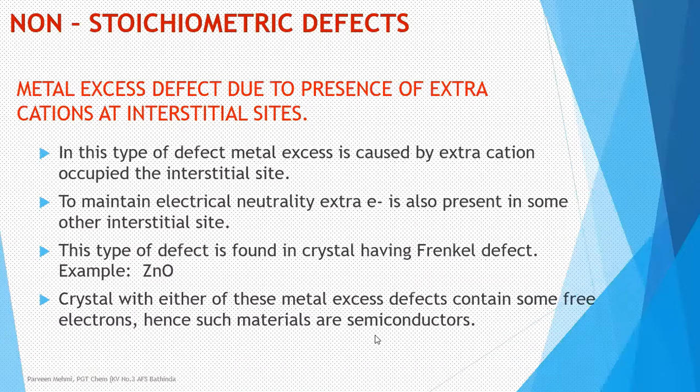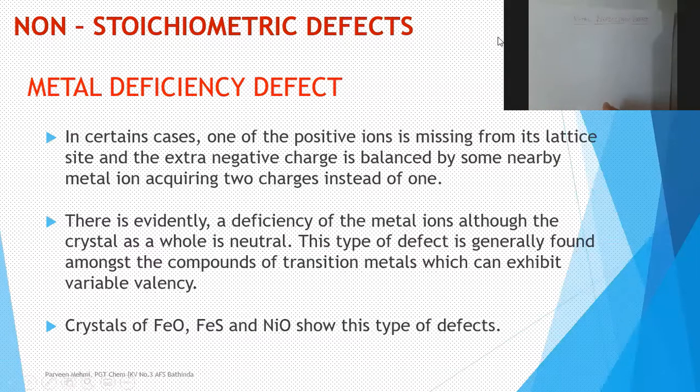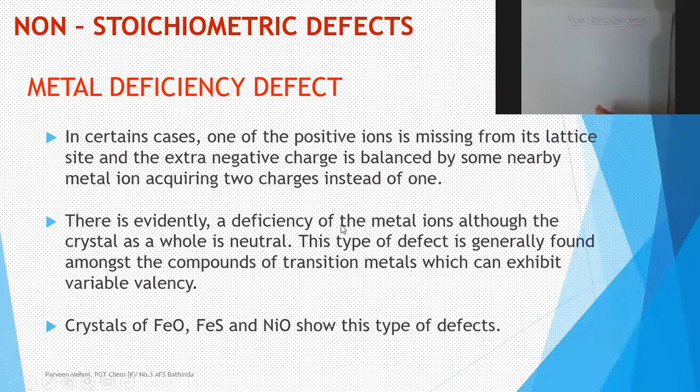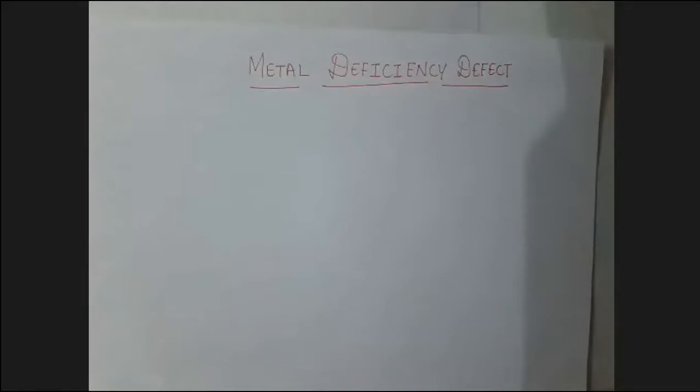Now the second type, metal deficiency defect. In certain cases, one of the positive ions is missing from its lattice site and the extra negative charge is balanced by some nearby metal ion acquiring two charges instead of one. इसमें क्या है कि अब हम मेटल डेफिशिएंसी डिफेक्ट कहते हैं. मींस यहाँ पर नंबर ऑफ केटाइंस कम होंगे एज कंपेयर टू द एनाइन, लेकिन इलेक्ट्रिकल न्यूट्रलिटी मेंटेन रहेगी.